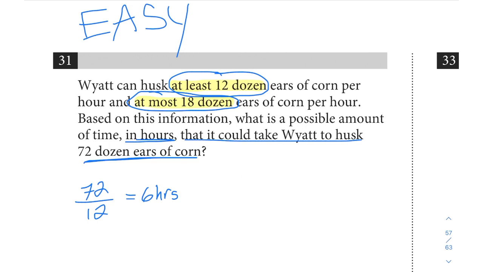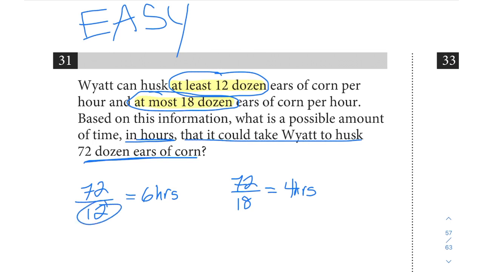And then at the high end, if we have 72 total dozen ears of corn divided by 18 dozen per hour, that would be 4 hours, which kind of makes sense if you think about the general relationship between time and rate. In this case, with 18, he's working a little bit faster, so it's going to take a little bit less time. It only takes 4 hours to get those 72 dozen ears of corn husked.